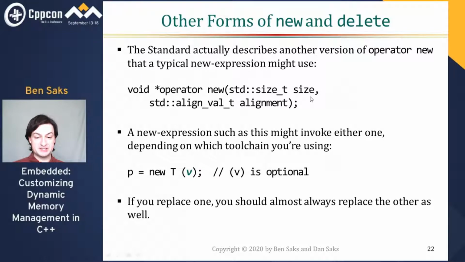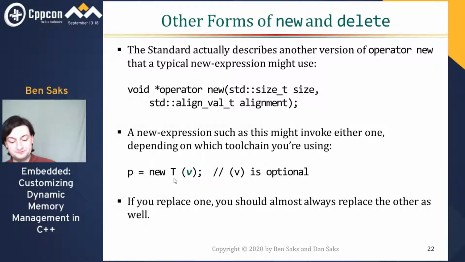These values, the size and the alignment, are being supplied automatically by the compiler when you write a new expression like this. The compiler knows internally what the size of T is, what the alignment requirement of T is. It fills those values in automatically. Now, in a little while, we're going to see that there is actually a way to pass parameters to operator new, but it looks a little different than that.